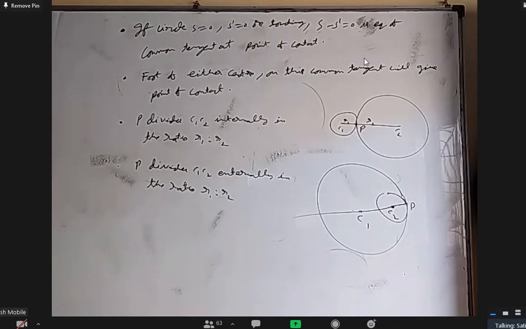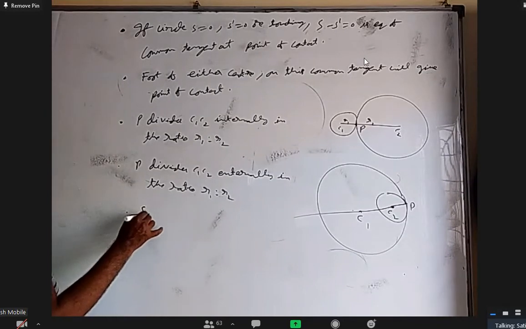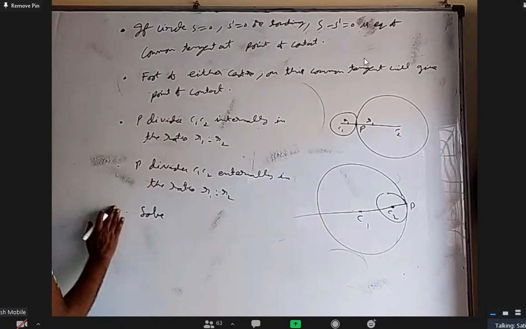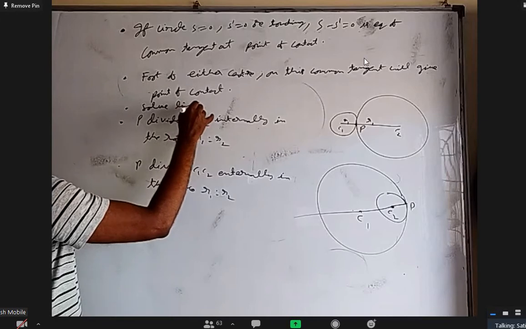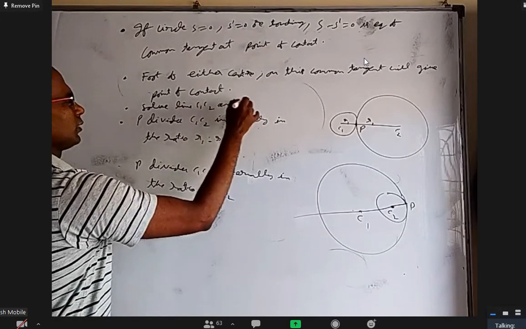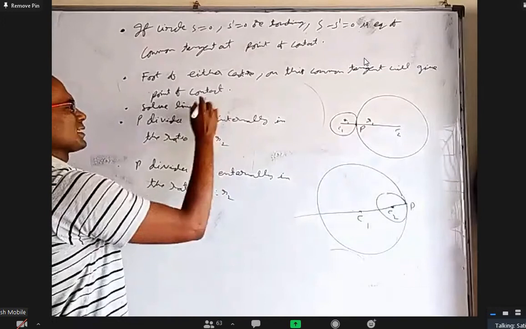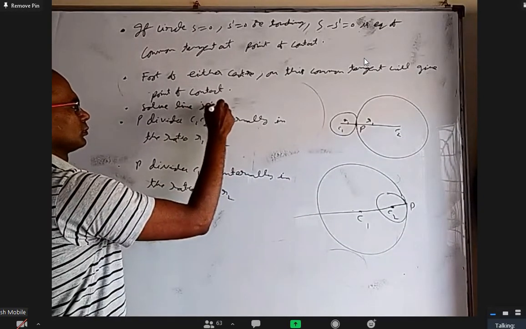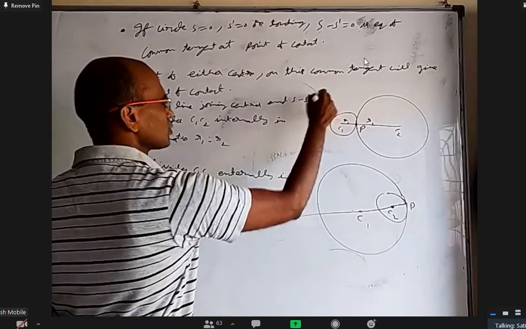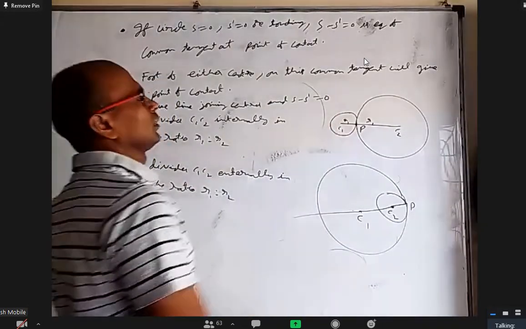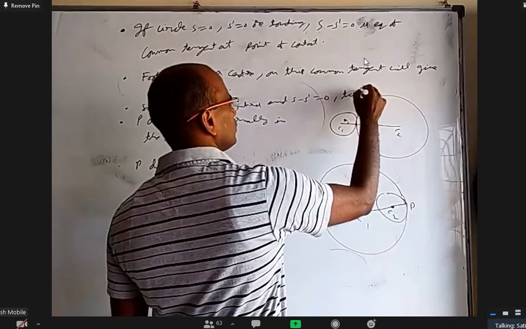We can also find the equation of the line passing through both the centers and solve both equations. Like we have said here, solve the line C1C2, that is, the line joining the centers, and S minus S dash equal to 0, to find the point of contact.